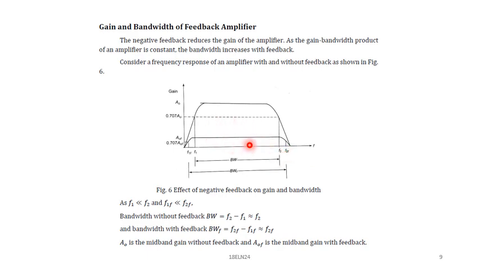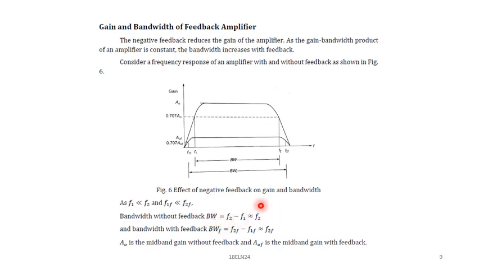So if I use the feedback, you can observe here F2 minus F1 is the bandwidth without feedback, and F2F minus F1F is the bandwidth with feedback. By looking at this graph, you can observe that there will be an increase in the bandwidth. So always the bandwidth with feedback will be greater than the bandwidth without feedback.